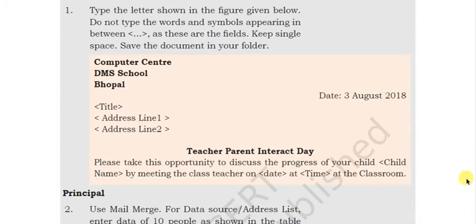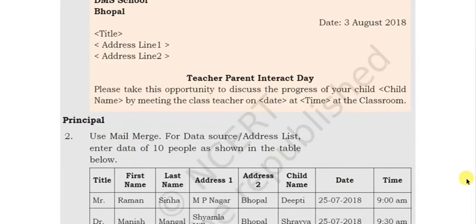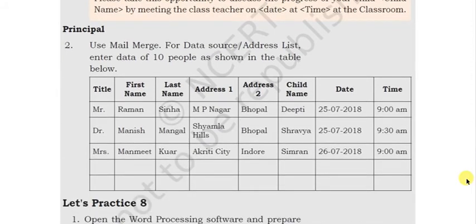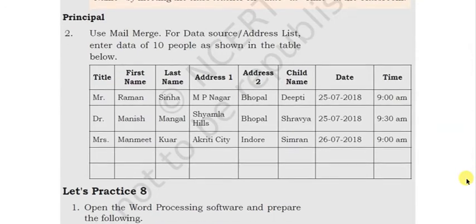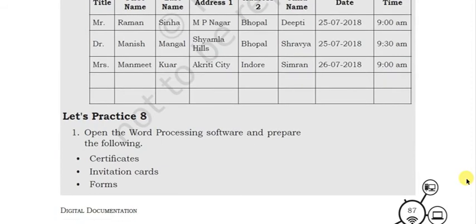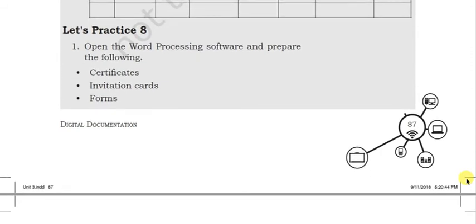You must give it a try because mail merge is a very important feature of any word editor. And this is the second practice question for you. You should also try to print some certificates, invitation cards and forms.